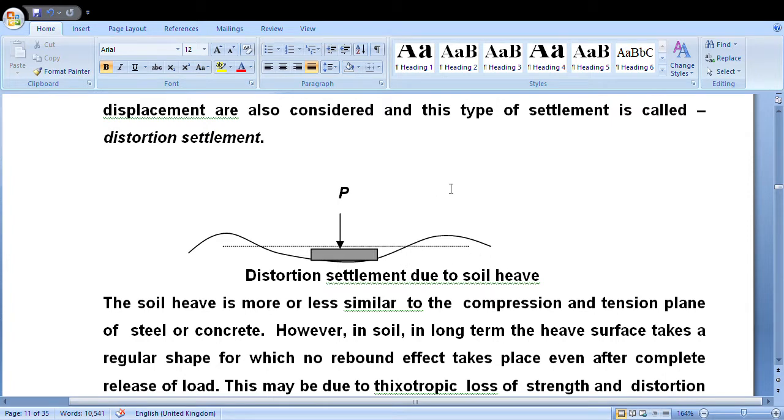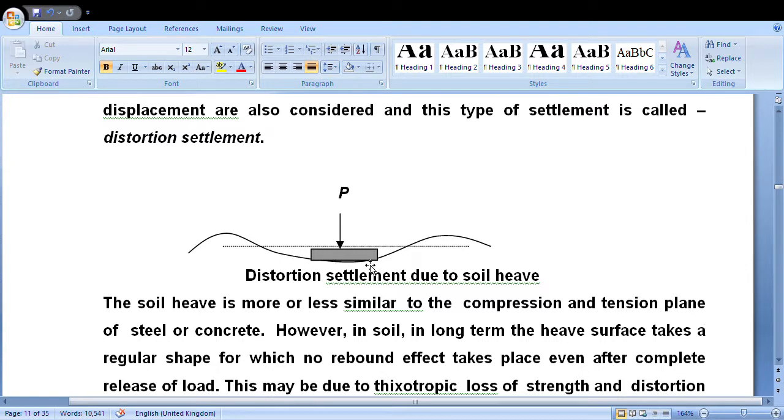Because if there is no adequate surcharge at the side of the foundation, then there shall be soil heap due to increased pressure, and this original ground line shall be distorted in this way. So this foundation shall settle, and this settlement is called distortion settlement.